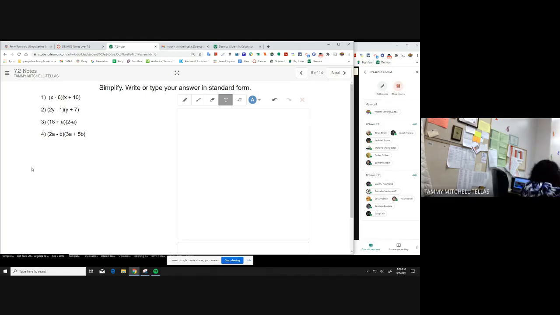All right, for the first one, I got x squared plus 4x minus 6. And then what's the second one? We're going to make x squared plus 4y minus 4x. What is that? 4y is 2y squared plus 4y minus 7. 13y. Yeah, I got 2y squared plus 13y minus 7.